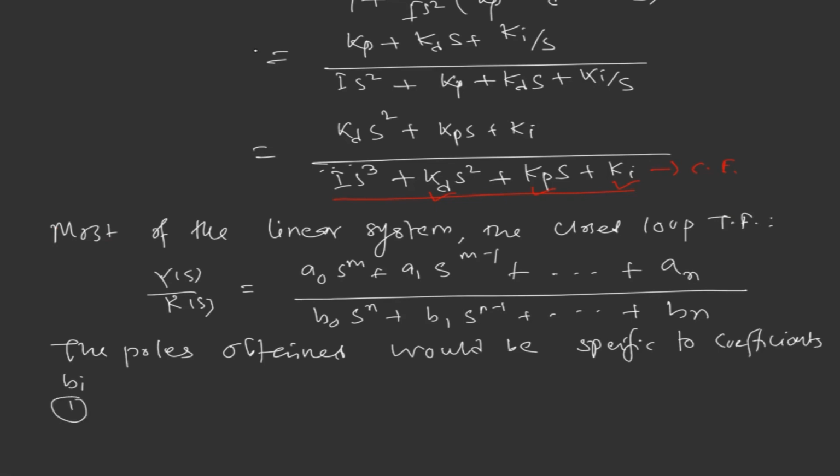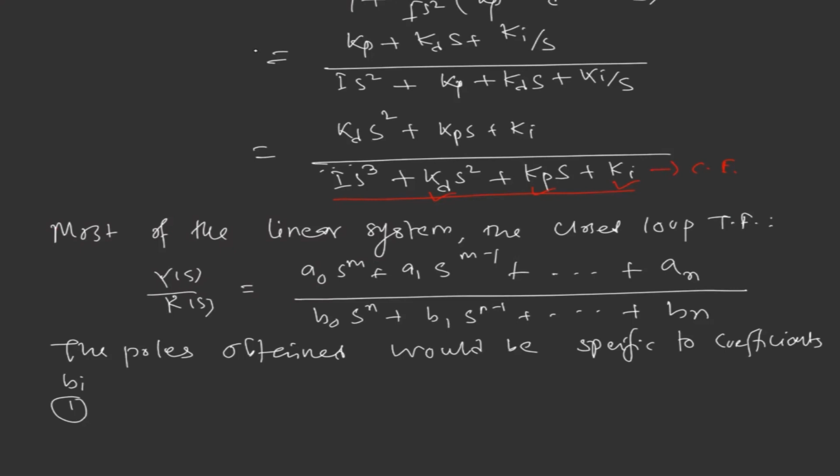Now, based on this, let's come up with two important points. We'll come up with some kind of table, or we can say array, and that array will tell us the stability of the system.